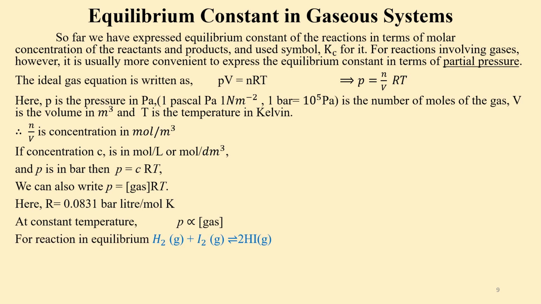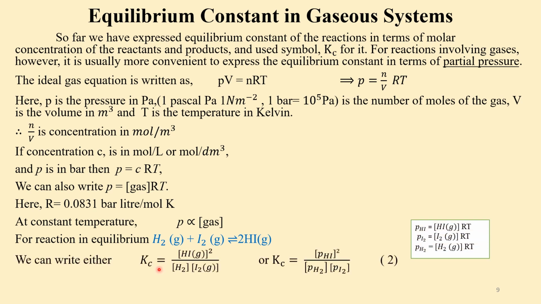So for example, consider an equation H2 in gaseous state combines with I2 in gaseous state, forward reaction forming 2HI in gaseous state, as well as the reverse reaction is also possible. We can write the value of Kc as the product HI, concentration of HI whole square, divided by concentration of H2 and I2, reactants H2 and I2 all in gaseous state.